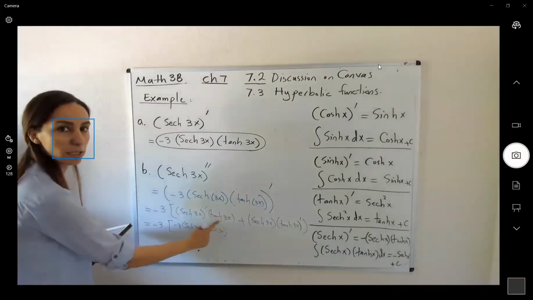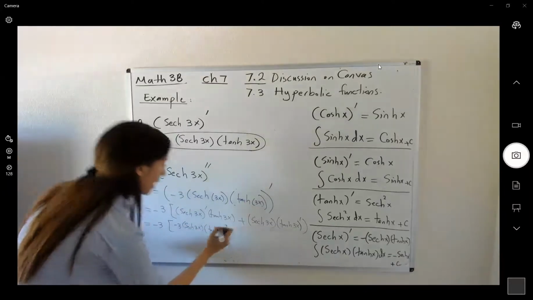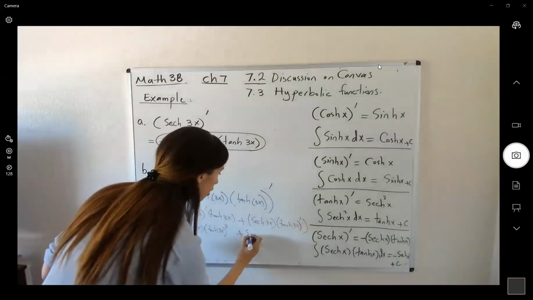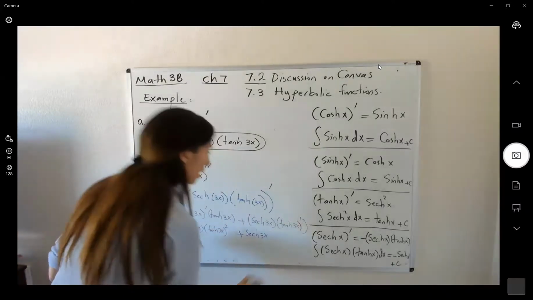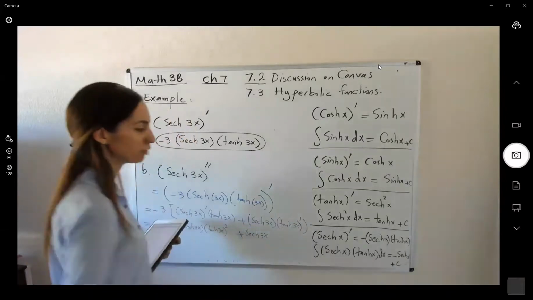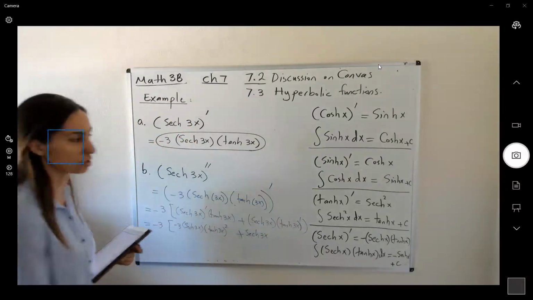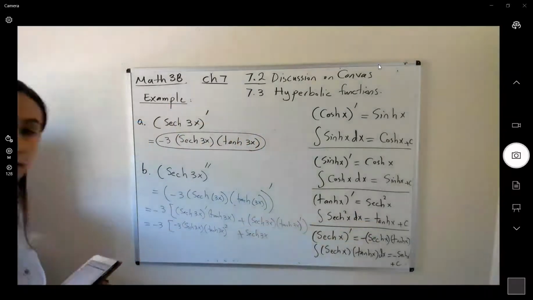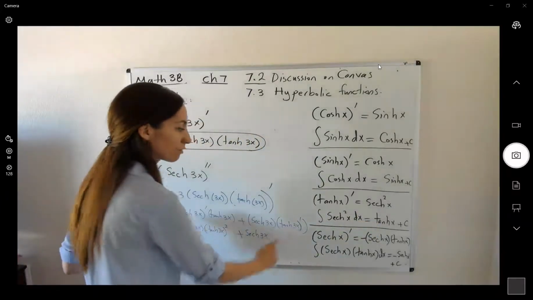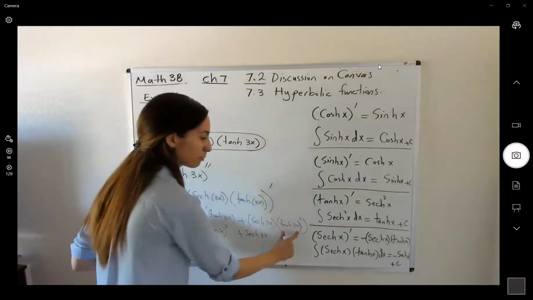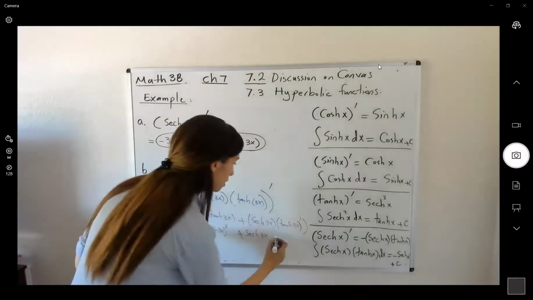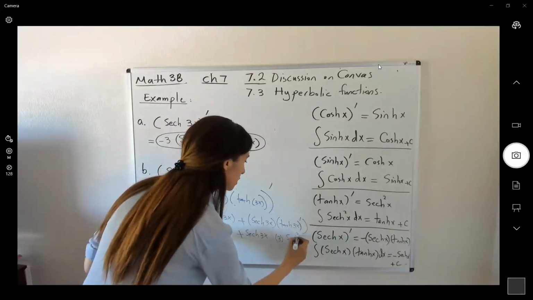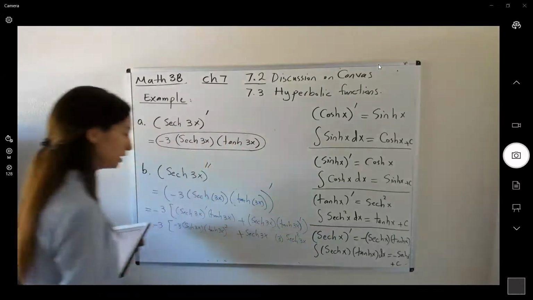times hyperbolic tangent, so you have exponent 2, plus, here you have hyperbolic secant 3x, and now you have to take the derivative of hyperbolic tangent. You know that the hyperbolic tangent derivative is equal to hyperbolic secant squared, but note that here you have 3x, so you have to apply chain rule. It's going to be 3 times hyperbolic secant squared of 3x.